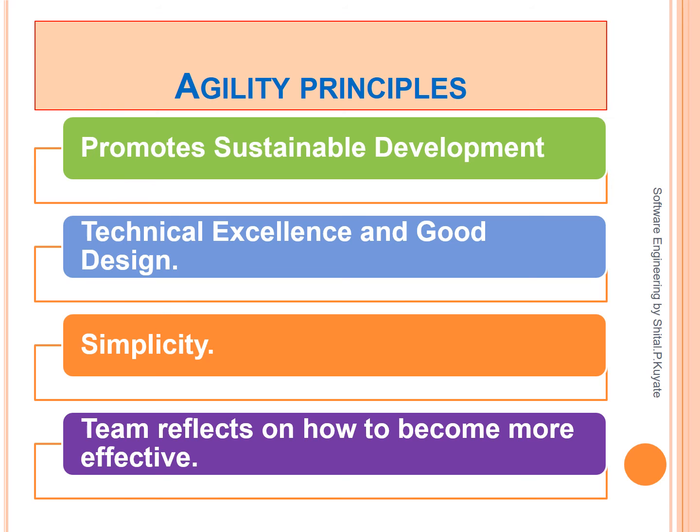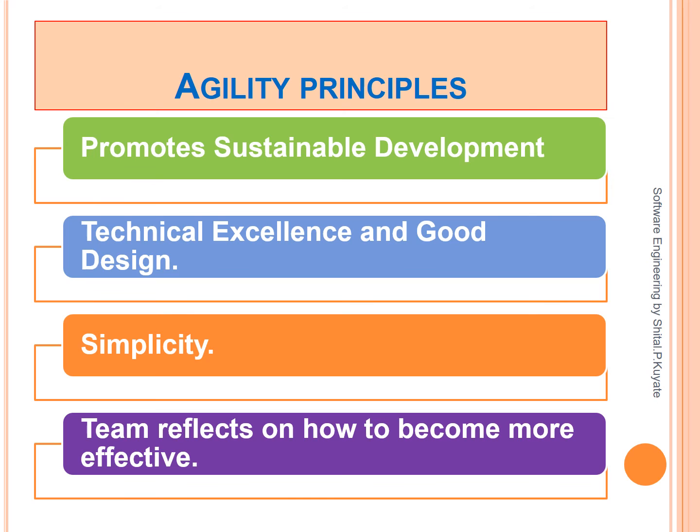The next one is that at regular intervals the team reflects on how to become more effective, then tunes and adjusts its behavior accordingly. Also, it's very important that the best architectures, requirements and designs emerge from self-organizing teams.